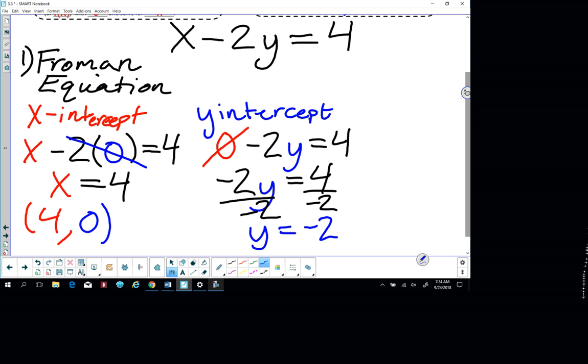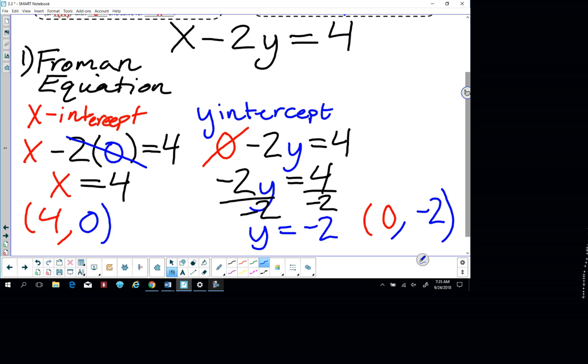So if we were going to write that as a point, what would the x value be for that coordinate? 0. And we know that because we're looking for the y-intercept and it tells us it's 0, and we plugged it in right there for x. Okay? So then what's our y value? Negative 2.